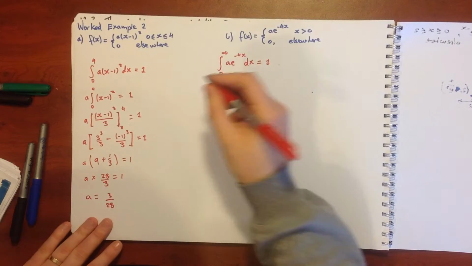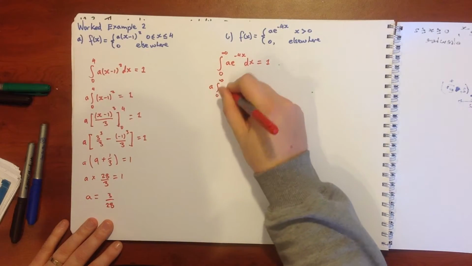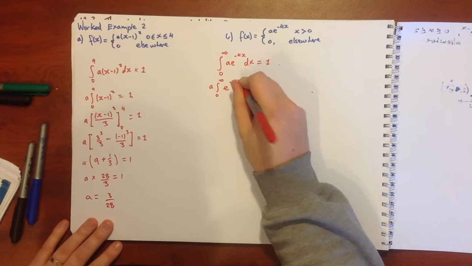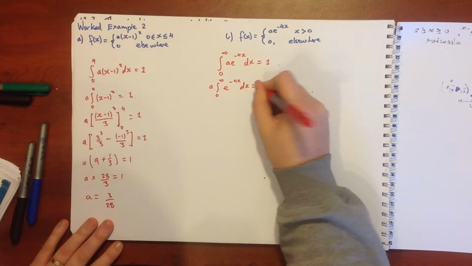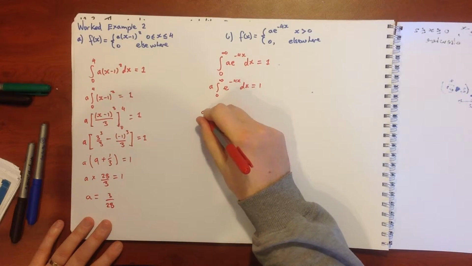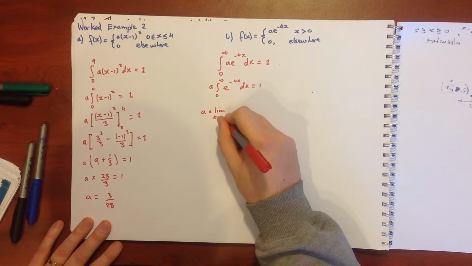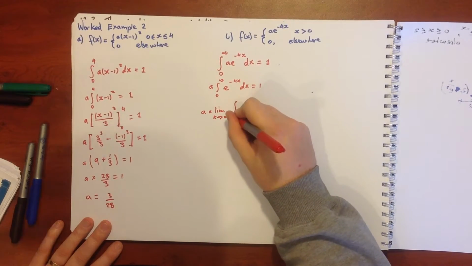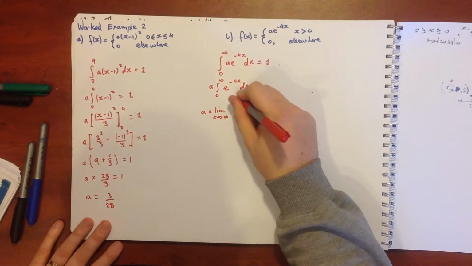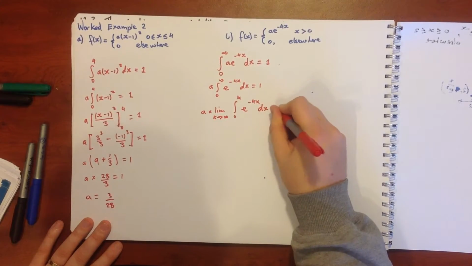We can bring our a out front again. So we need to do a times the limit as k approaches infinity of the integral from 0 to k of e to the negative 4x dx equals 1.